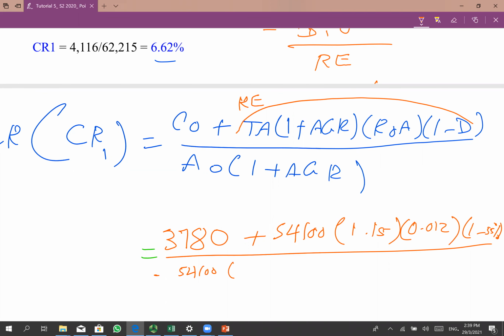54,100 times its growth. So this is actually the asset in year two. And this is in year zero. This is year zero, and this is year one. This is the asset in year one, and this is the asset in year zero. So all of this, the asset plus its growth, is year one.